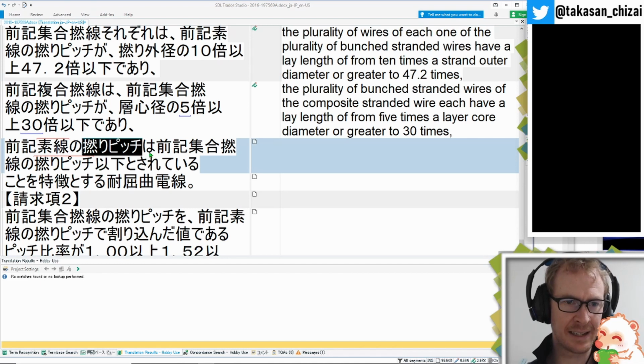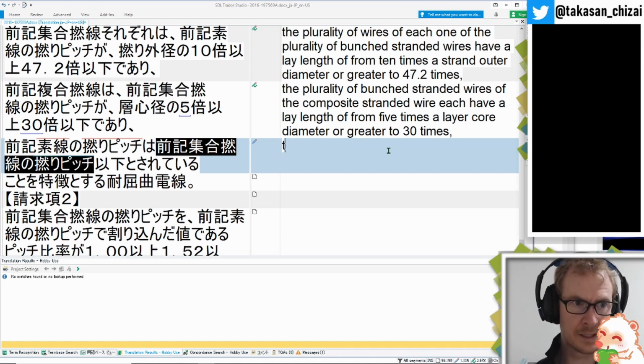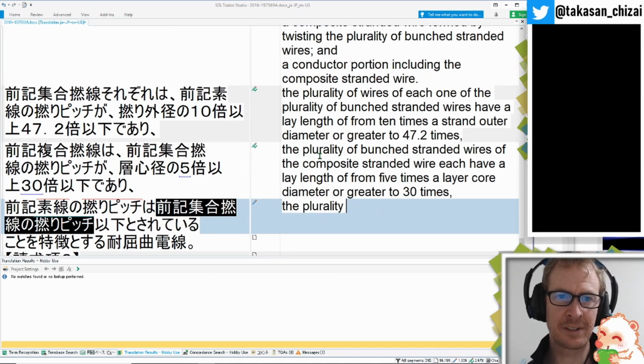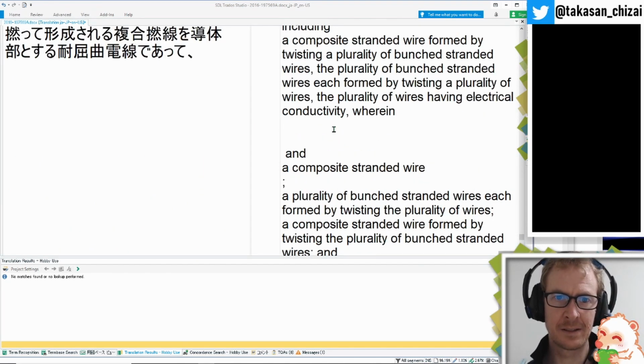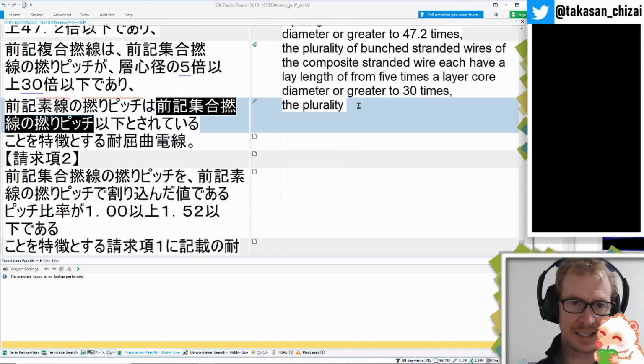They have this lay length, and it is just equal to or less than this lay length that we described up here. So the plurality, remember we described these wires as a plurality up here, plurality of wires. So we have to describe it as the plurality of wires down here.